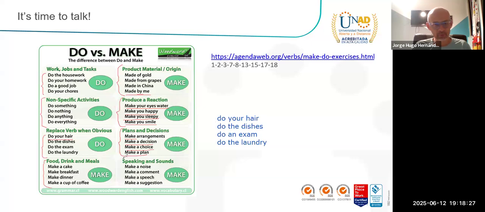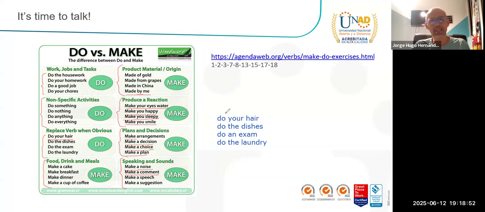And finally, we use make in order to talk about speaking or sounds, when we produce some sounds. For example, make a noise, no? Make a noise. Make a comment. When the teacher says to you, you have to make a comment about the book.